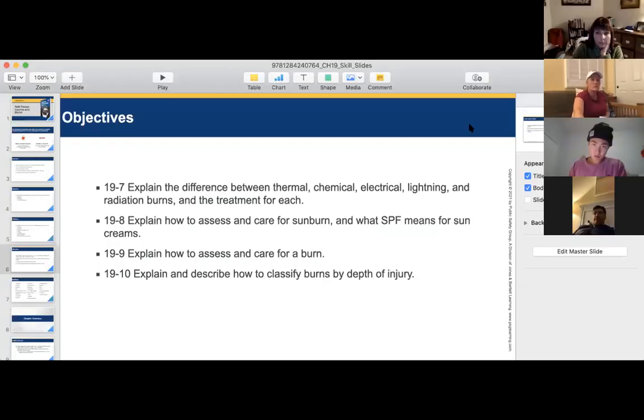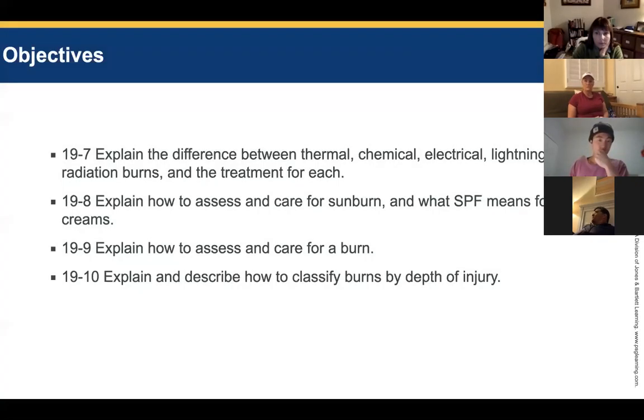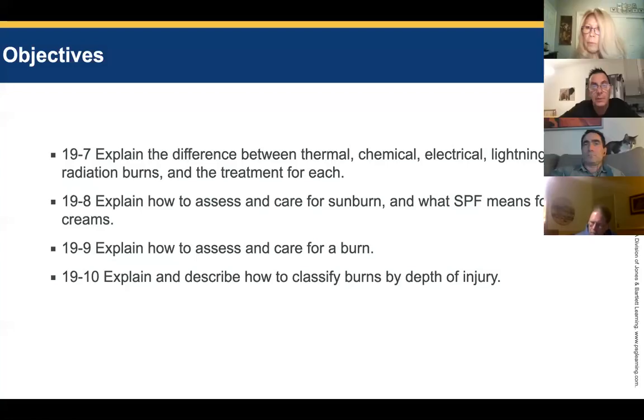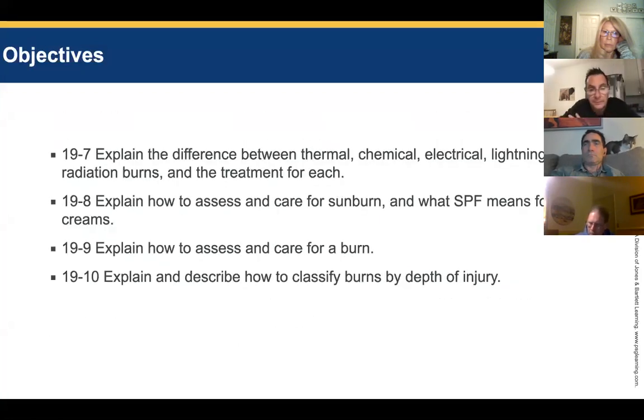Hey, Patty, it's Mike. Go ahead. Oh, look at that. Yeah, so to make matters worse, too, I met with Dr. Patel today, and we're going to push ahead with our more expanded protocols. So for those who would be on the paid patrol and have the EMT or above, we'll have another set of protocols, and everybody can take a look at them.